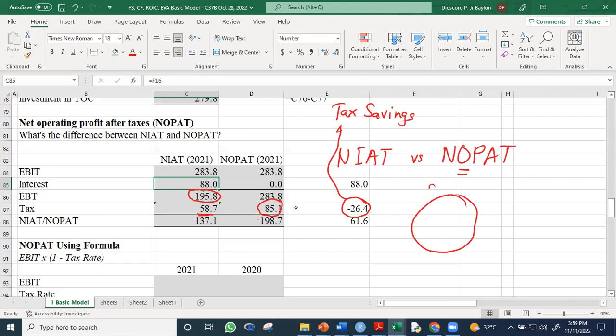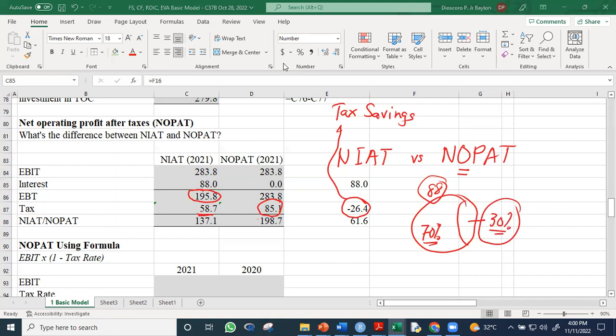So of this 88, only 70% will be an advantage for NOPAT, and 30% will be deducted because this will be for tax savings. Why 30%, guys? Because 30% is the tax rate.